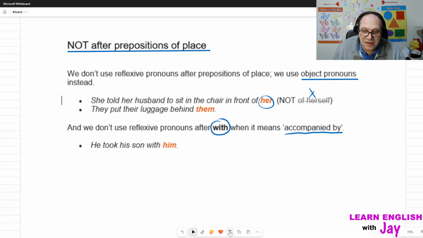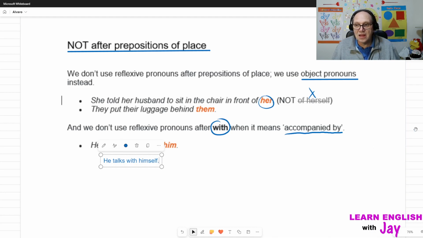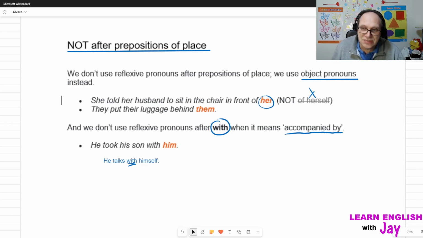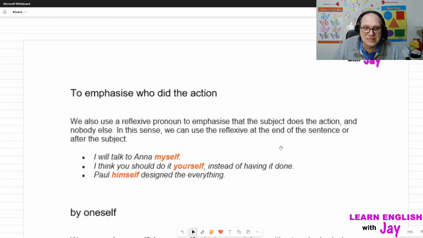But for example, if you were to use, let's say, he talks to himself. He talks with himself. Now, that with there does not refer to accompanied by. It doesn't mean that you go with someone. It's something you do to yourself. Then it's fine. Then you can use a reflexive pronoun. So let's carry on to this one.